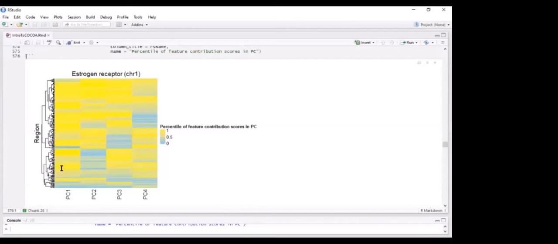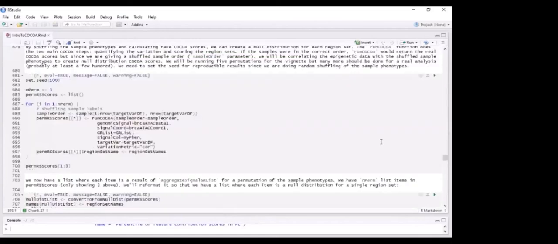Our rows are regions in the estrogen receptor region set. We can see in bright yellow that a lot of these regions had very high percentile of correlations with principal component 1. And it appears that some of the regions are actually important for multiple principal components.